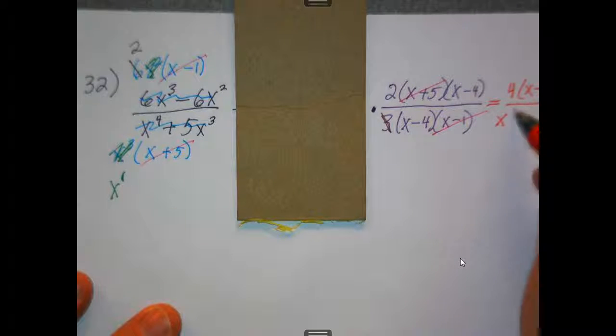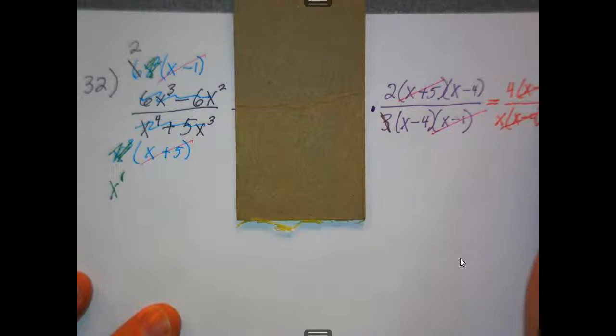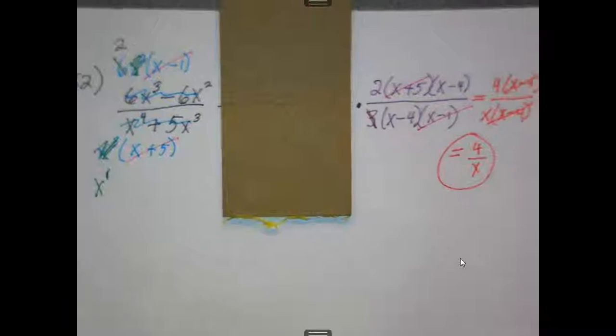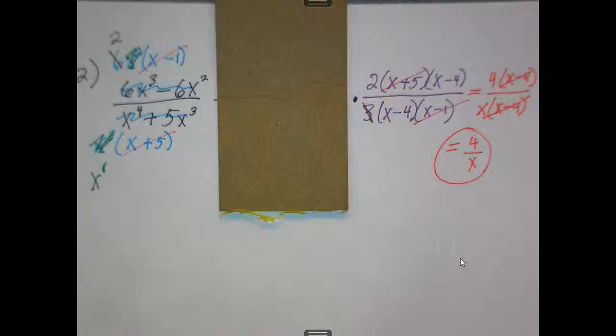We can keep going, and I get 4 over x. Wow, all of that for 4 over x. Seems like an anticlimax.